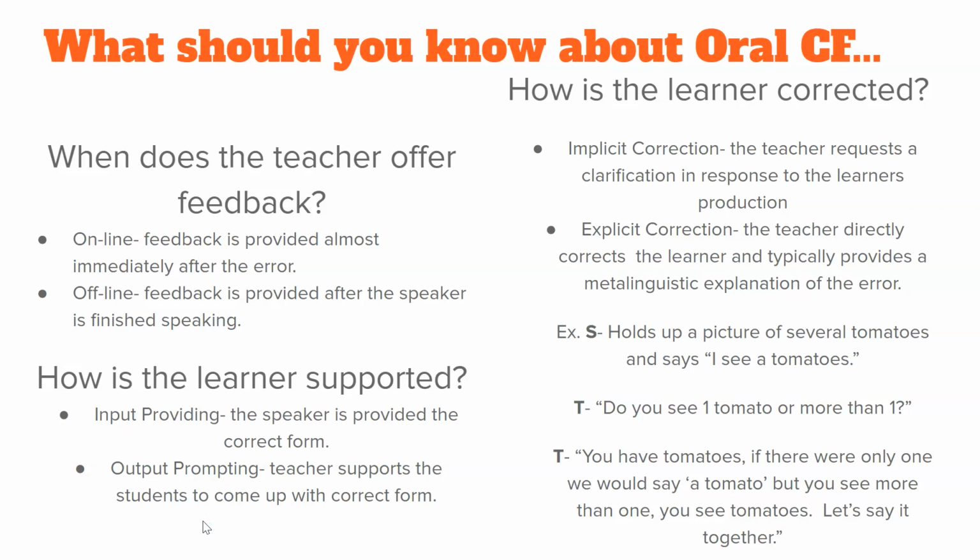Okay, so the teacher is basically facilitating self-correction. An explicit correction would be the teacher saying, "You have tomatoes. If there were only one, we would say a tomato, but you see more than one. You see tomatoes. Let's say it together." Okay, so that's an example of those two types of corrections.